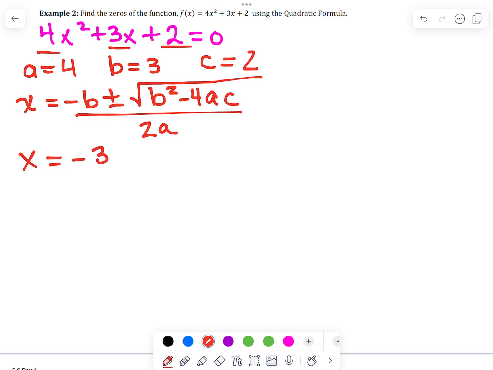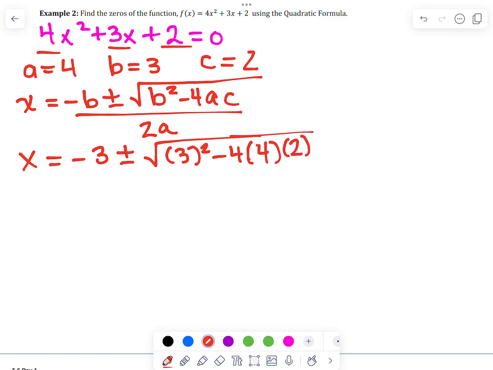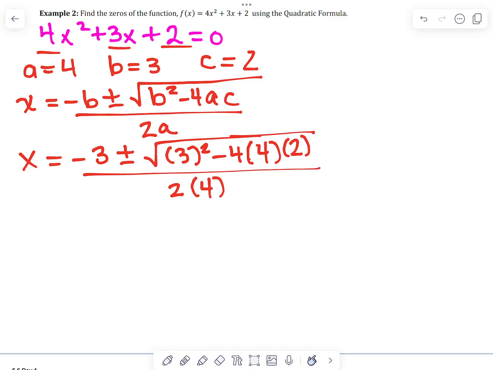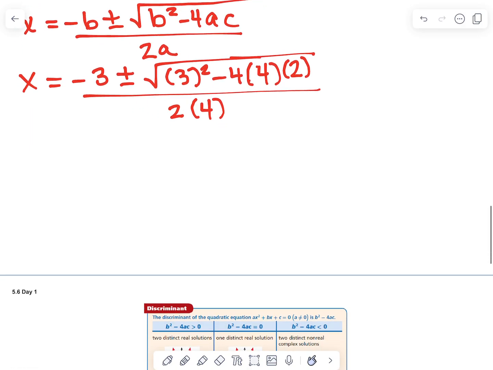So we substitute the b in, we get 3. Substitute the 4 in, and the 2. Substitute the a in. Then we simplify using our order of operations.